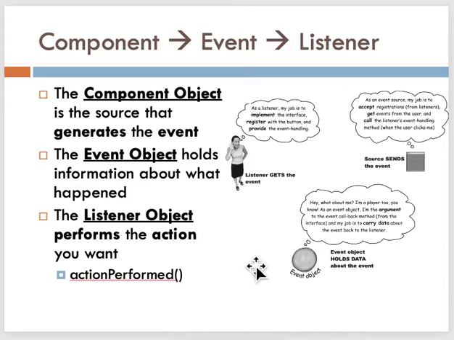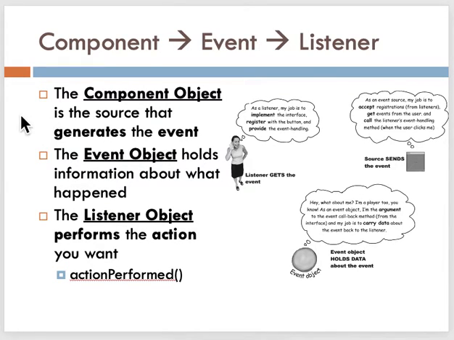That's whenever the user clicks the source that's relevant. And the source, of course, is the one that sends all of this. And so the event object itself is basically the argument, and it carries the data about the event from the source to the listener.